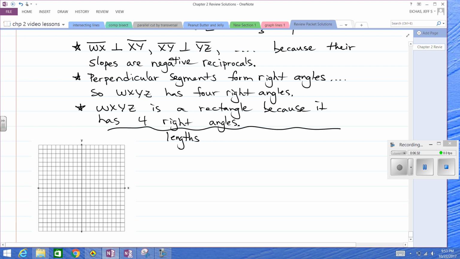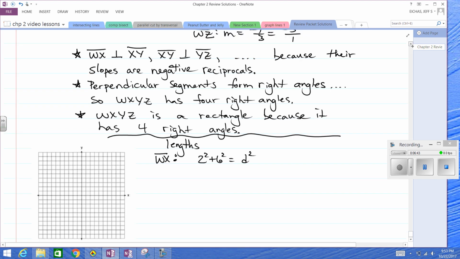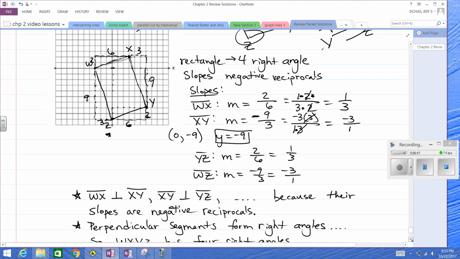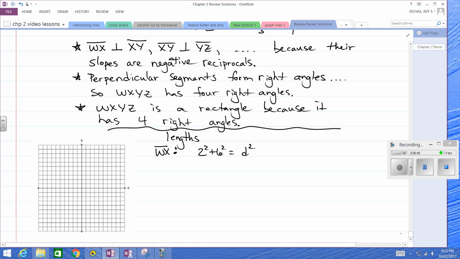WX, we had 2 squared plus 6 squared equals, just call it D squared, I call it D for distance, right? So that's WX, it's going to have those numbers. That's going to be 40, and we square root both sides. So WX, its length is the square root of 40.